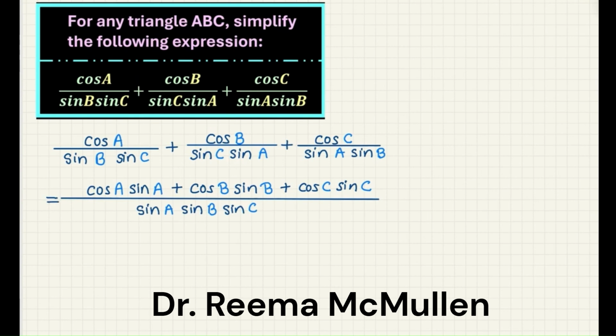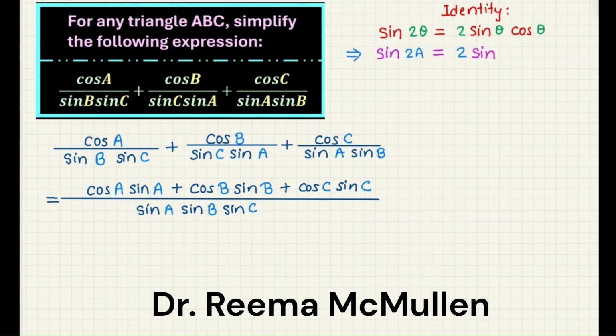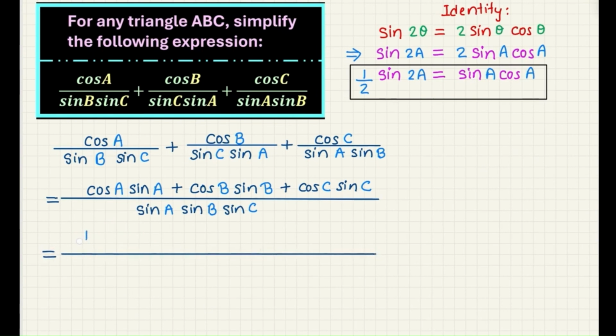Alright, so where do we go from here? Well, notice that each of the terms up in the numerator is a product of cosine and sine of the same angle. And this should remind us of which identity? 2 sine theta cosine theta equals sine 2 theta. Using this identity, we will rewrite each of the terms of the numerator, and this makes the numerator equal to 1/2 sin 2A plus 1/2 sin 2B plus 1/2 sin 2C.